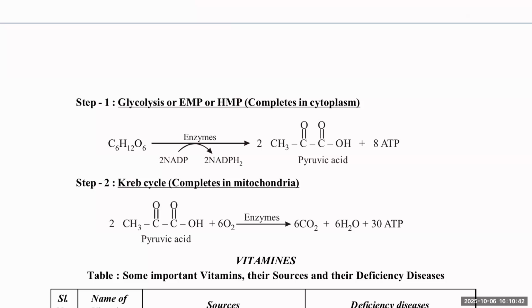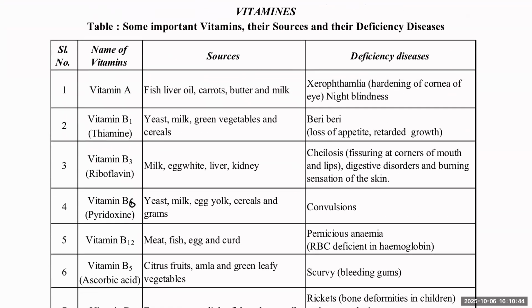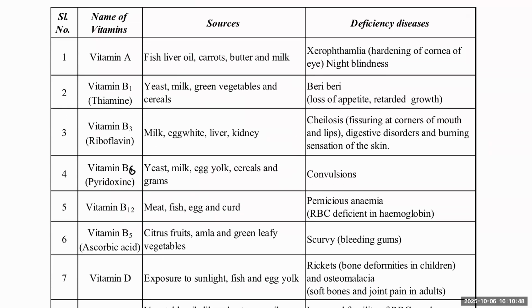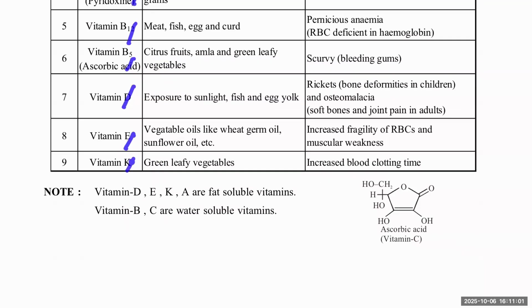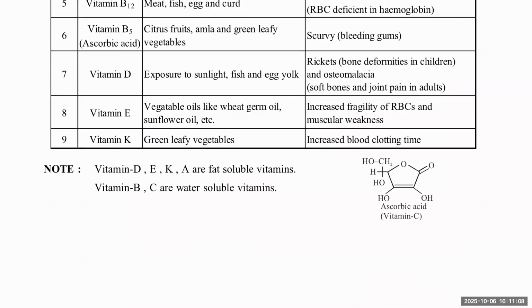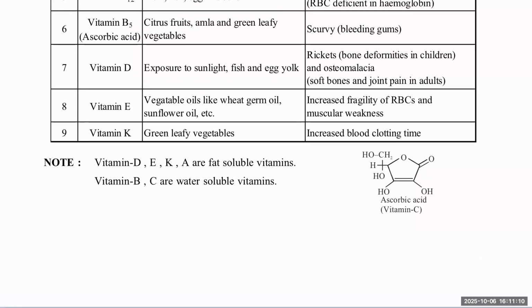Okay. Next thing is about vitamins. See, with vitamins, the only thing you need to learn is the name of the vitamin and its deficiency. Got it? So you can see vitamin A, B1, B3, B6, B12, B5, vitamin D, E, K, and what the deficiencies are, what diseases they cause if they are deficient.